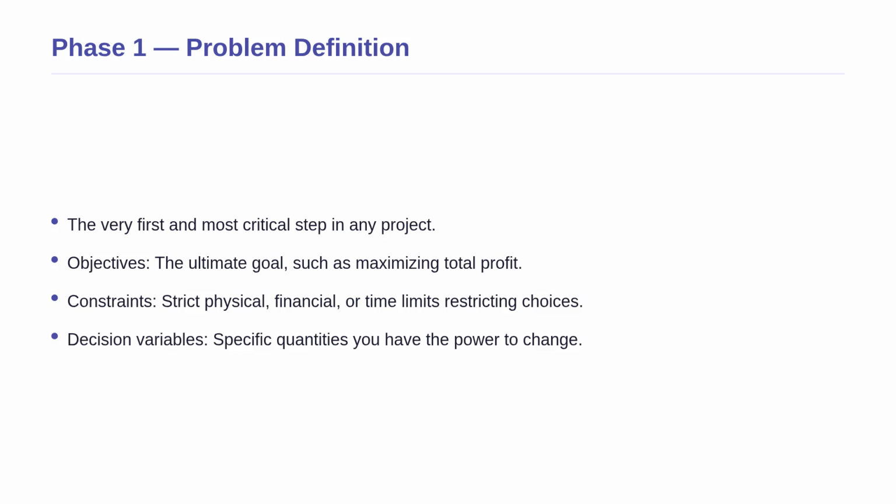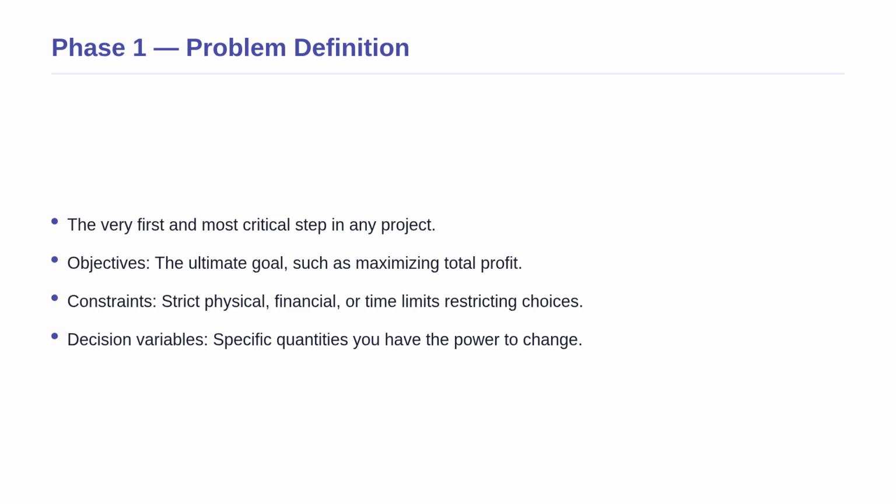With the roadmap in mind, let us explore the very first and most critical step, problem definition. Why is this so important? Because if you define the problem incorrectly, every single calculation that follows will be completely useless. In this phase, we must clearly identify three main components.